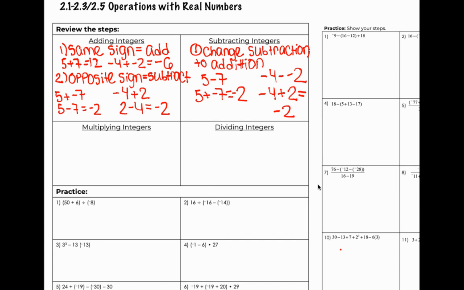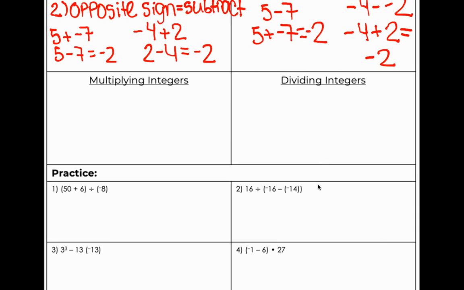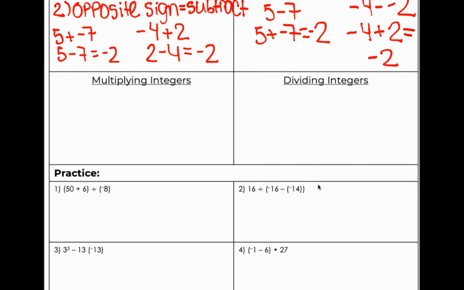Okay, multiplying integers, this is a little bit simpler. So I'm just going to give you a summary of the rules. And I think this will be a nice handy little summary to have. So if I have a positive times a positive, that's a positive. If I have a negative times a negative, that's a positive.